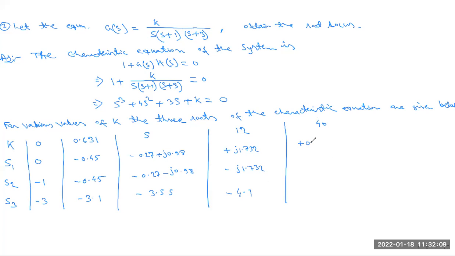So we have to know the range of k, that is minus infinity to plus infinity. In this range, we have to put the values one by one and calculate the different roots, that is S1, S2, S3.